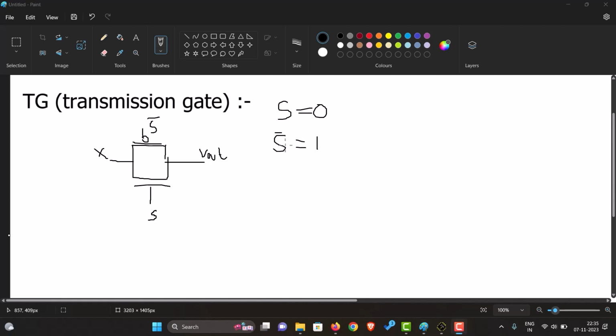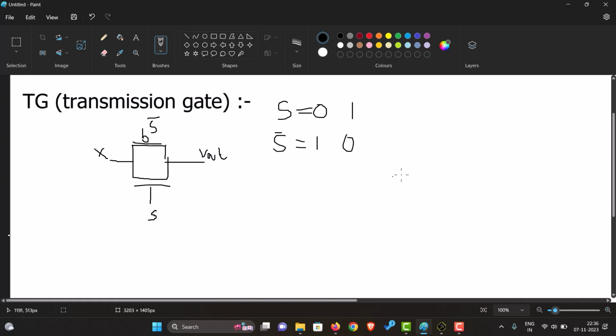So when S is 0 and S bar is 1, the PMOS is off and the NMOS is also off. That means that X is not transferred to Vout, so the gate is closed. And when S is 1 and S bar is 0, both the gates are on and the transmission gate is on.